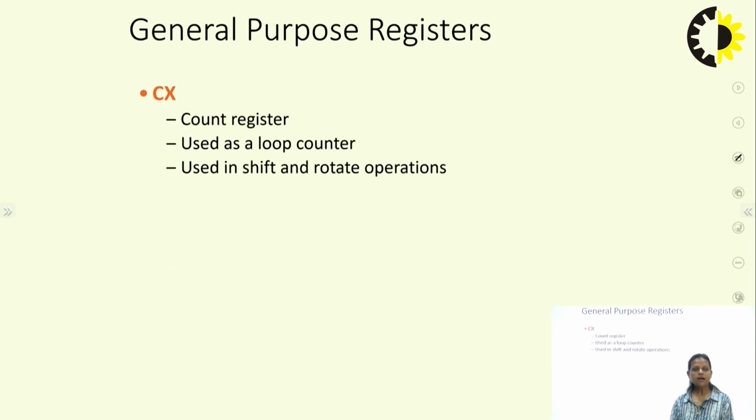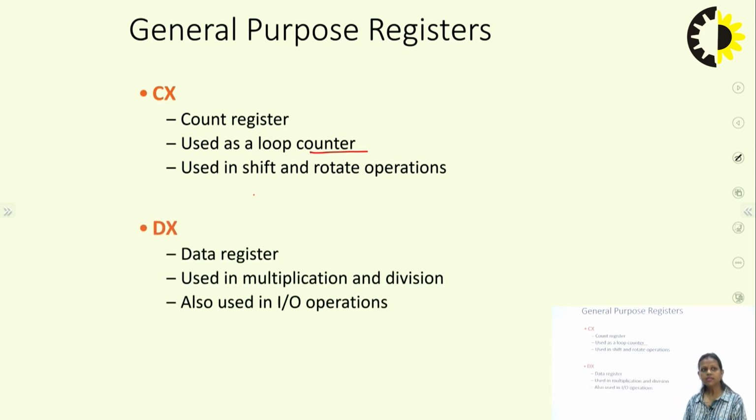Next we have the CX, which is a count register. This is used as a loop counter. So whenever we want a counter, we use this register, and it is used in shift and rotate operations. Then we have DX, which is the data register, used in multiplication and division and also used in IO operations.